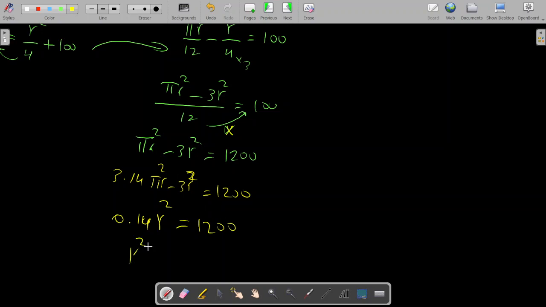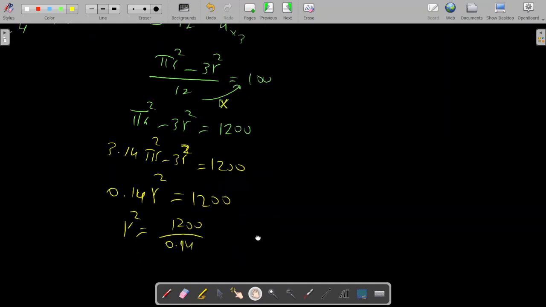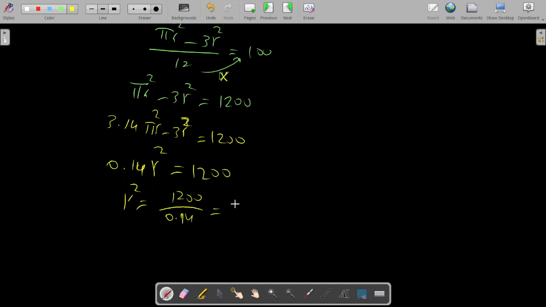It means that r squared is equal to 1200 divided by 0.14. When you do the division, you're going to have something around 8,000.